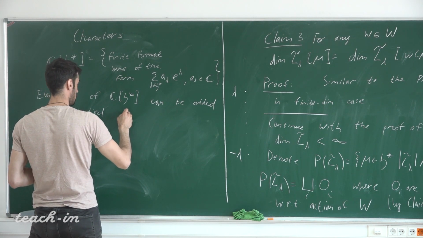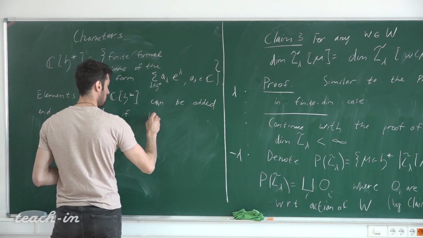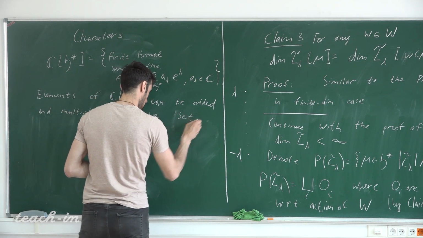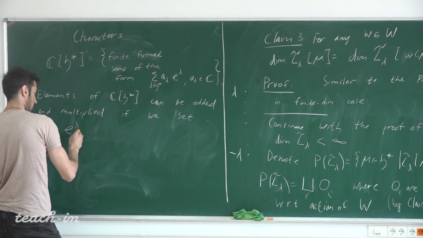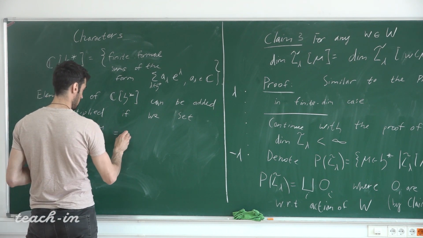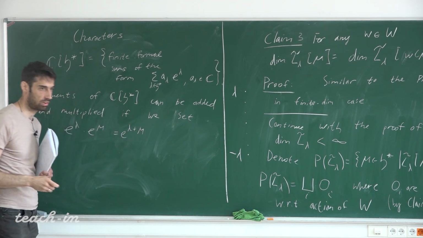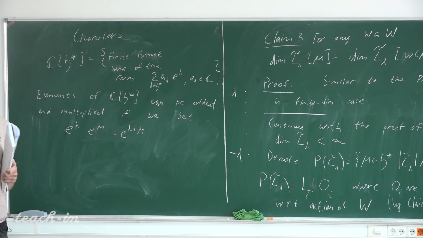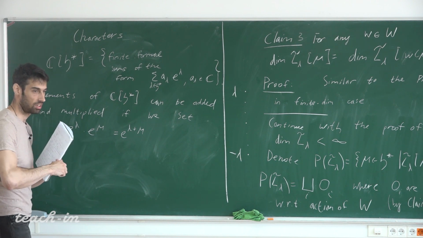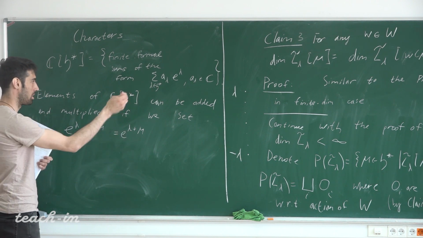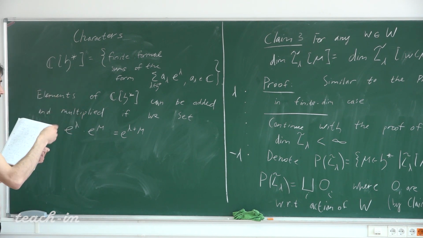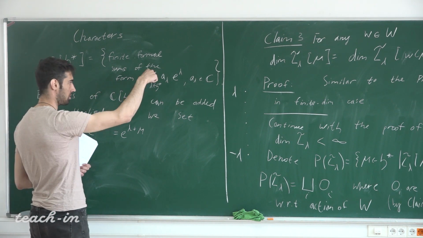And if you take e^lambda and multiply it by e^mu, these two formal symbols, this is e^(lambda plus mu). Yes, they just multiply as exponentials. So this is our rule of multiplying e^lambda and e^mu, and this rule is extended by linearity to all sums like that. Then you can multiply them, and you add them term-wise.